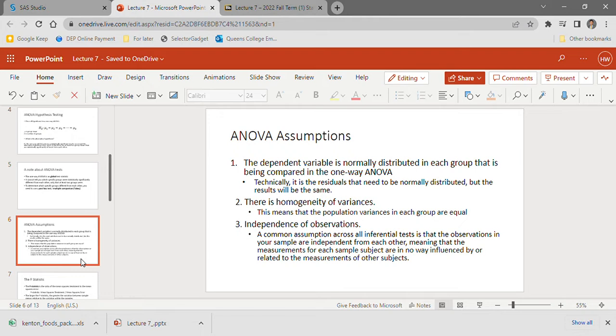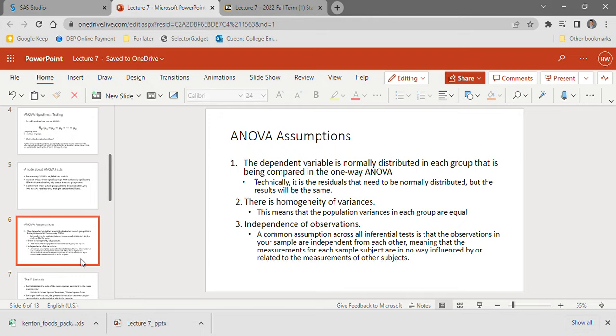Okay? So, ANOVA assumptions. The first assumption is the dependent variable is normally distributed in each group that is being compared, right? So very similar to t-tests, right? Now, technically it's the residuals that need to be normally distributed, but ultimately the results will be the same, right? And if you think back to how we calculate variance and some of the previous lectures, this should make a lot of sense.